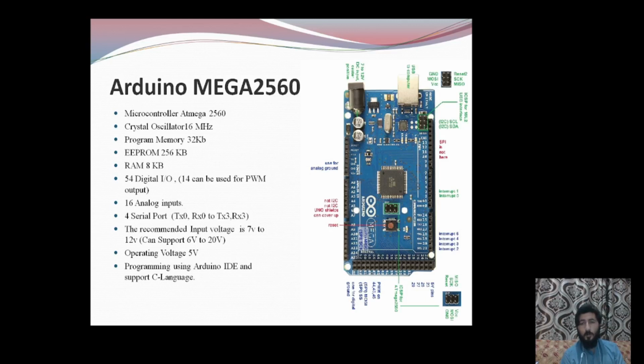Just focus on the hardware serial ports available on Arduino Mega, which are 4. So you can simultaneously use 4 different ports for serial communication. Once again, the voltage specification is the same as for the previous ones. You use the Arduino IDE for programming, same as for Uno and Nano.